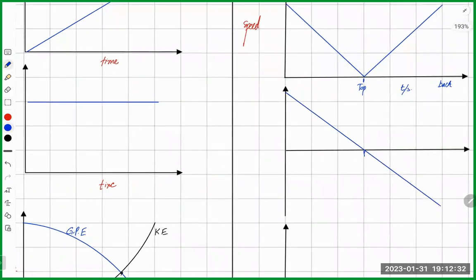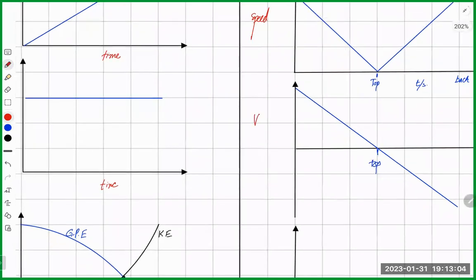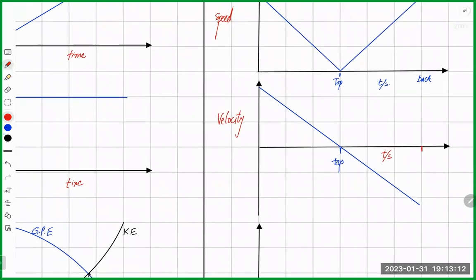So this is when the object is at the top, and after the top position, when the object starts coming down, its speed is increasing, but velocity, because velocity is a vector quantity, and when the direction of a vector quantity reverses, you have to switch the sign. Before reaching the top, the object was moving up, and after the top, it is moving down. So the direction of velocity has changed. This is velocity, time in seconds, and this is where the object has come back.